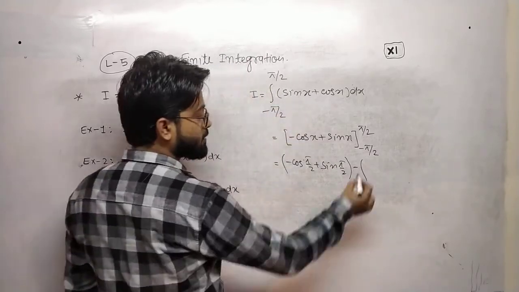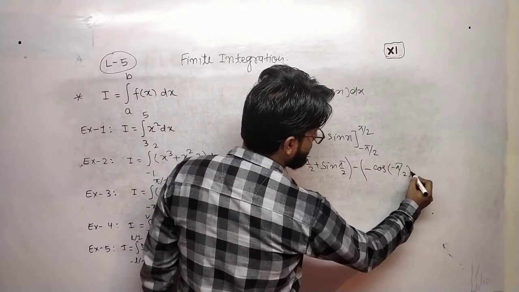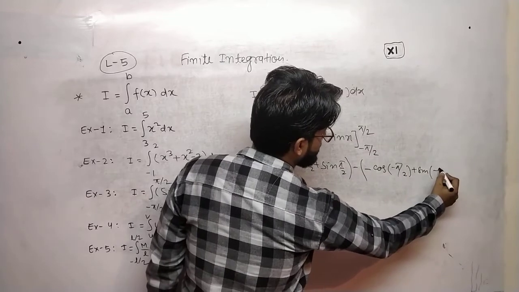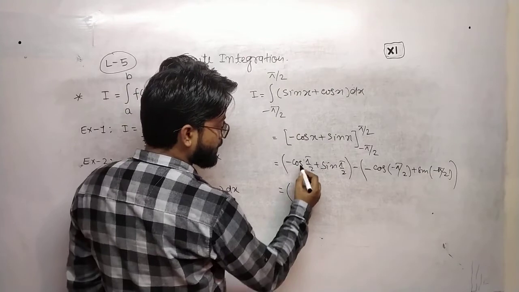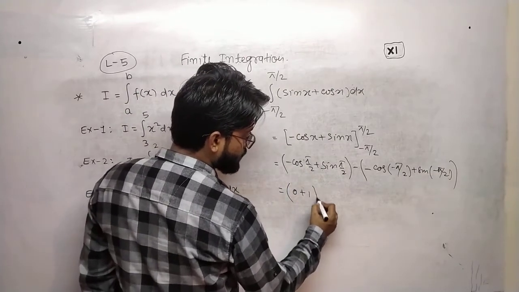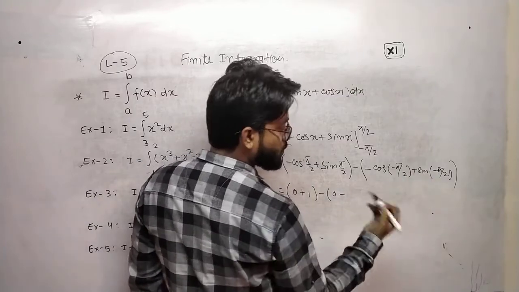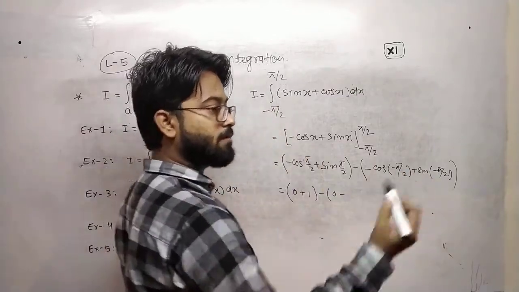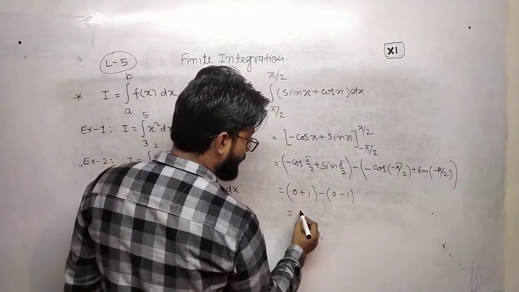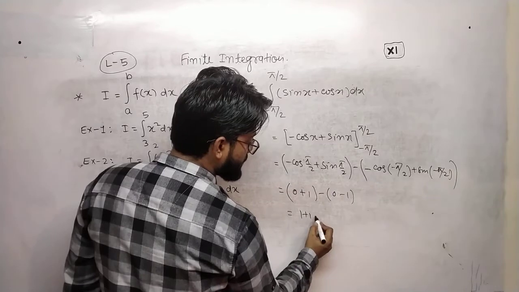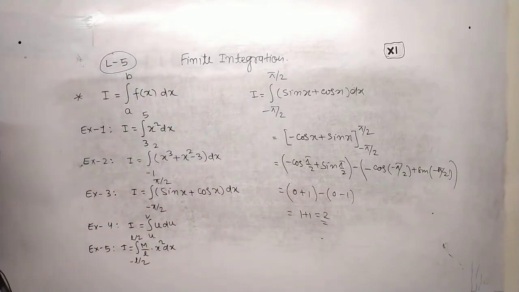In another bracket put the lower limit, cos minus pi by 2, sin minus pi by 2. 0 plus 1 minus, this is 0, and plus minus pi by 2 sine minus pi by 2 is minus sine pi by 2, that is minus 1. Okay, now 1 minus minus becomes plus, equal to 2. This is your final answer. Hope you are understanding.